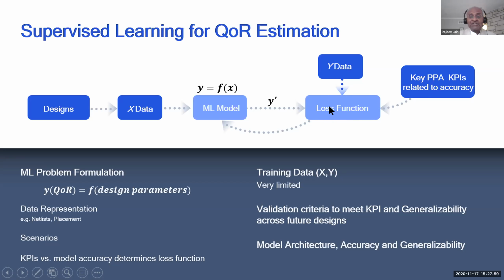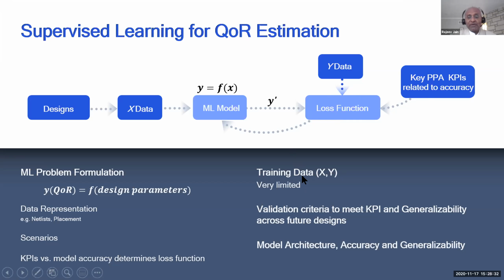Now, an inaccuracy in that prediction could cause the design tool to make a choice that might increase the leakage power by adding more buffers than it should, right? So you want to have a direct linkage between the impact of the inaccuracy of what you're trying to predict with the model to the final impact on the PPA of the design. And by reverse engineering that, you can get a good loss function and an accuracy target that will actually make the QR accurate enough for the optimization purposes.